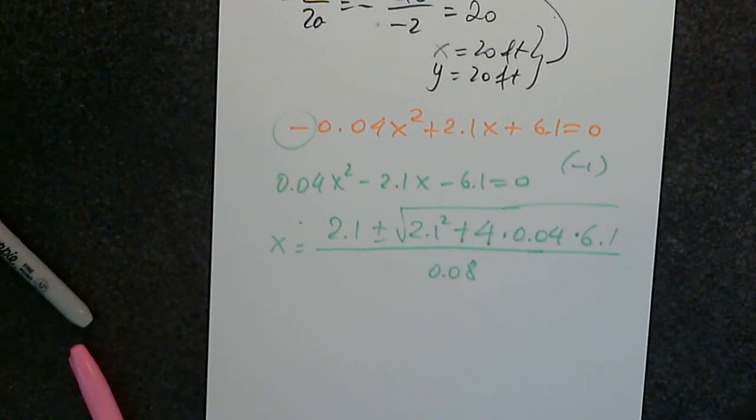Outside, close the parenthesis, and divide by 0.08. I copy to get the negative 1. It's easier for you with second and entry to go back. Maybe there's another way, but I don't know it.